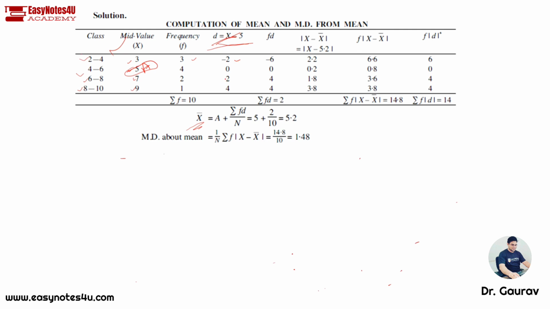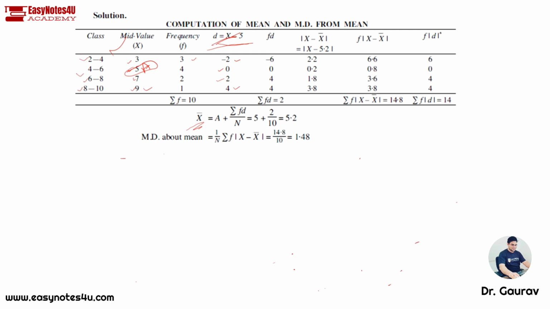So we are not ignoring the sign because we are calculating the mean. Whenever we are calculating the mean, we cannot ignore the sign. But when we are calculating the mean deviation, then we have to ignore the sign. Minus 2, then 3, 5 minus 5, 0, then 7 minus 5, 2, then 9 minus 5, 4.